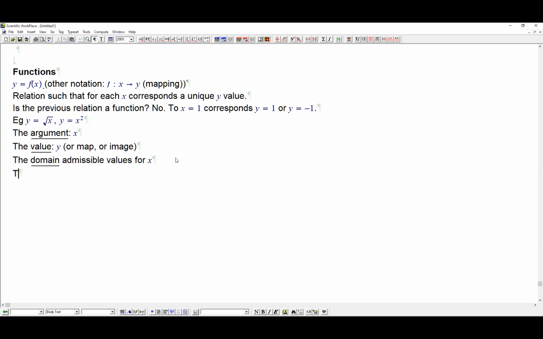And the range. Are all possible values of f of x given f and the domain.